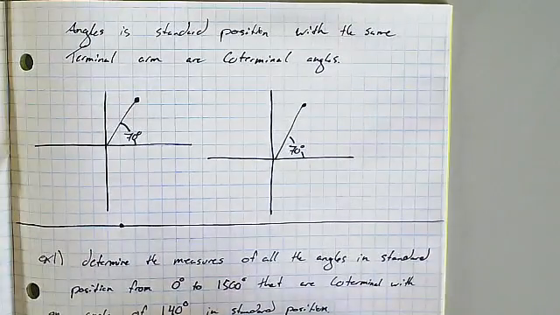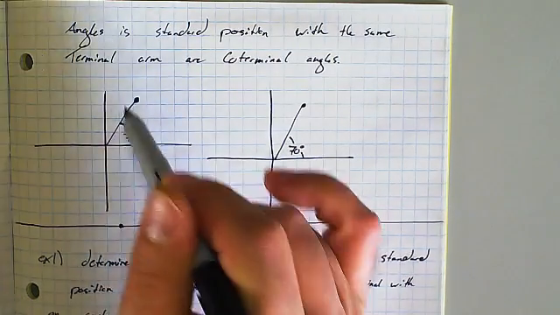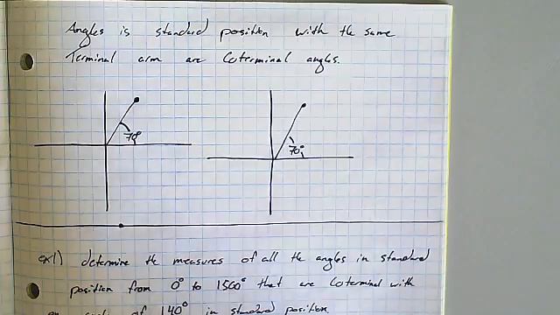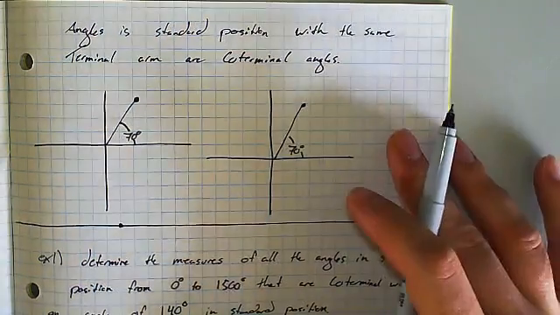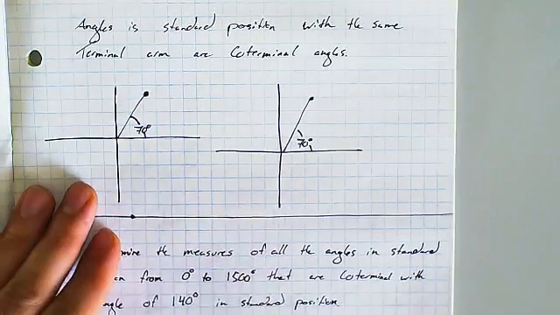Whenever you're dealing with angles in standard position, with the same terminal arm, if you have an angle that goes more than 360 degrees, you will have coterminal angles. So we're going to take 70 degrees here.